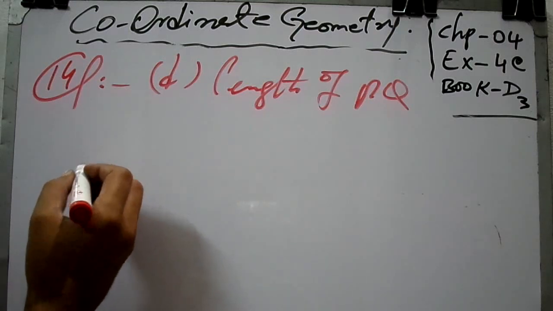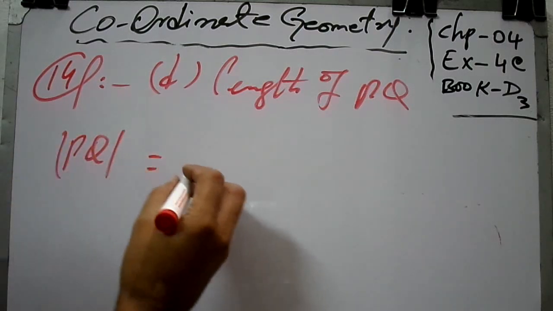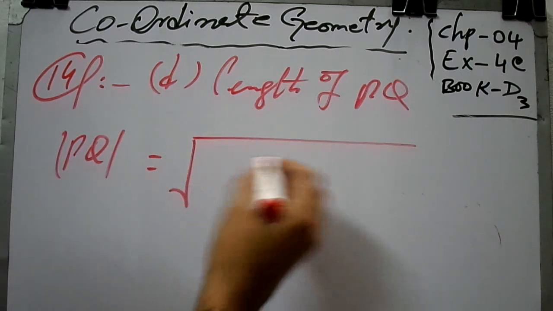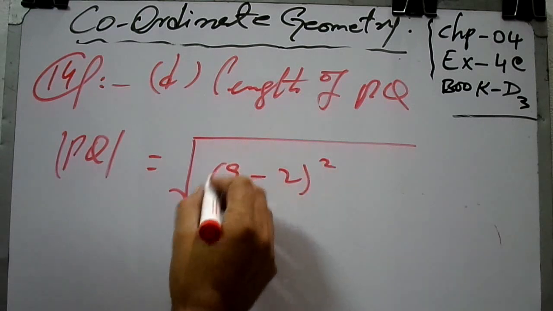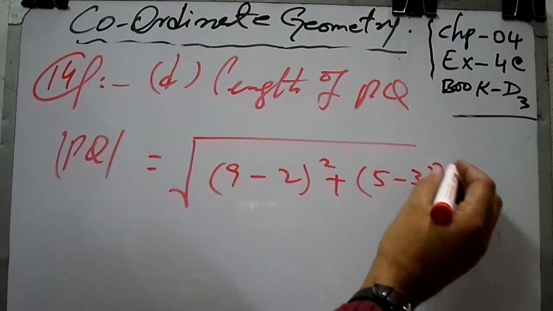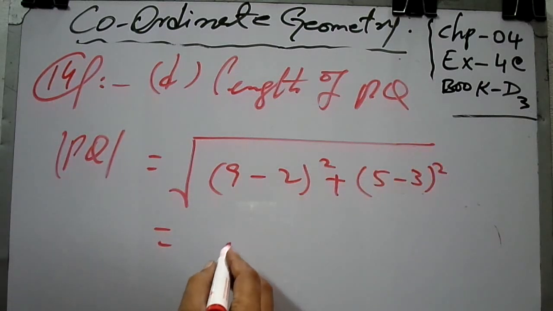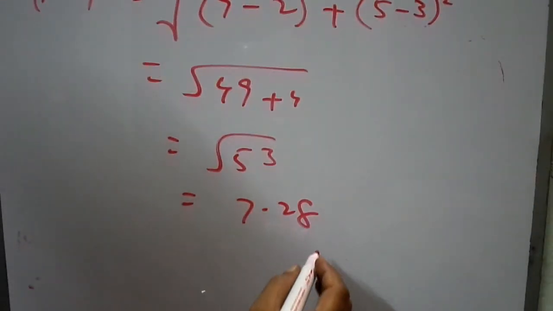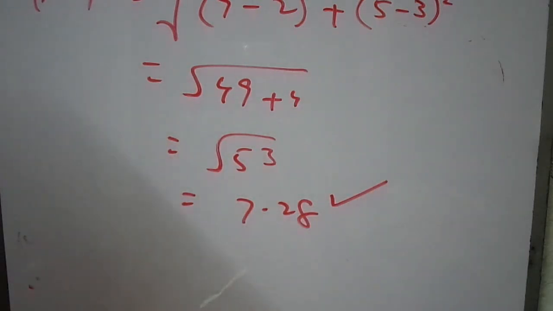We have the distance formula for PQ: x2 minus x1 and y2 minus y1, squared and added. After simplification, you will get the result. In this way we get 7.28 as your PQ length, the distance.